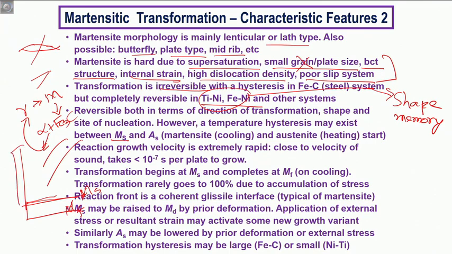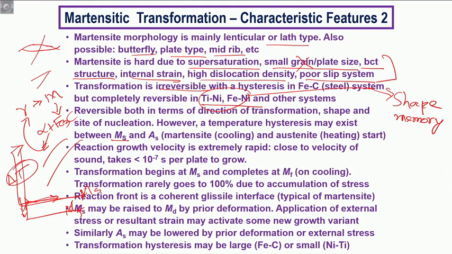So, you require so much driving force in terms of undercooling, but once you start, even if you hold here for infinite time, the volume fraction of the phase will not change. The volume fraction of the martensitic product will change only when you go to lower and lower temperature, that means when you increase the driving force in terms of undercooling.